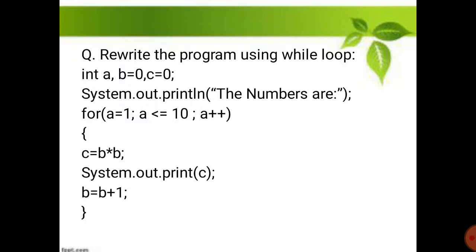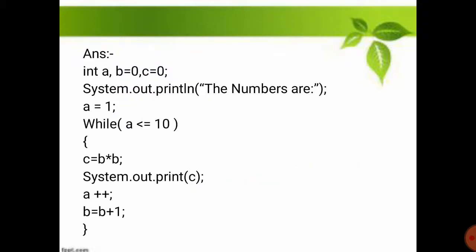So the answer for this question is int a, b is equal to 0, c is equal to 0, then System.out.println, "The numbers are". Now a is equal to 1, we have initialized before the loop, and within the loop we test the condition while a is less than or equal to 10.